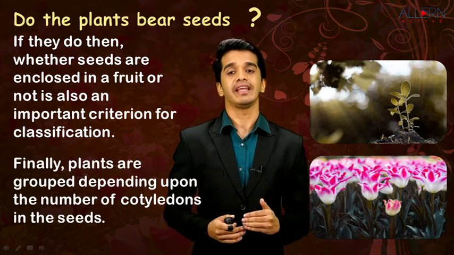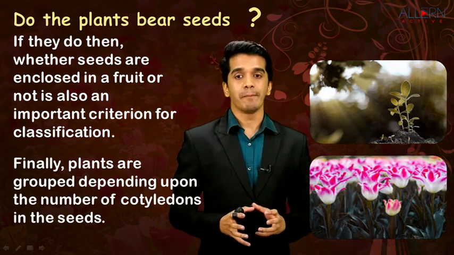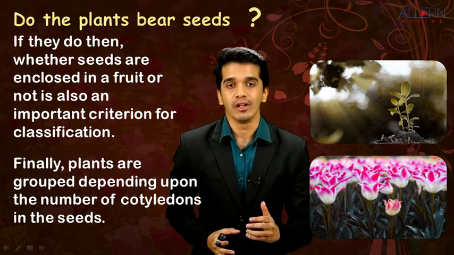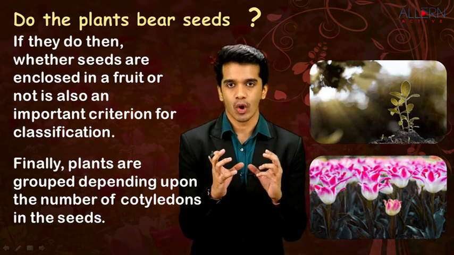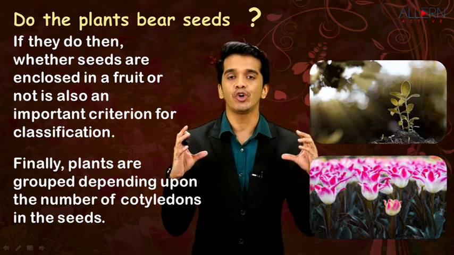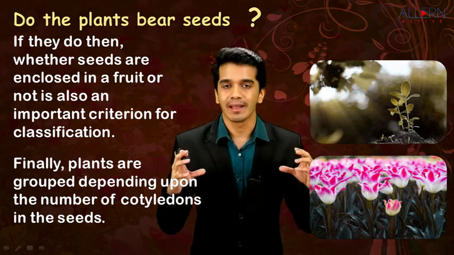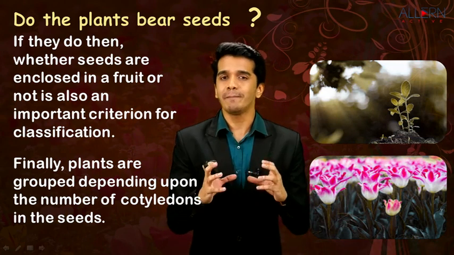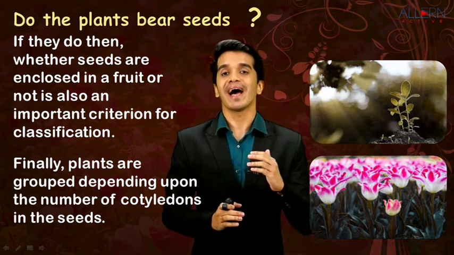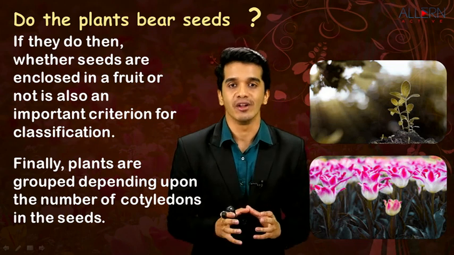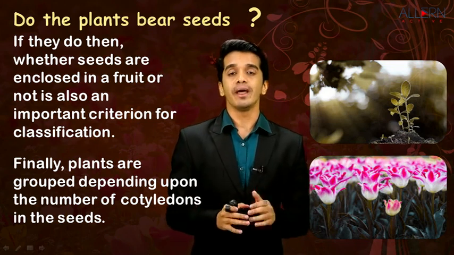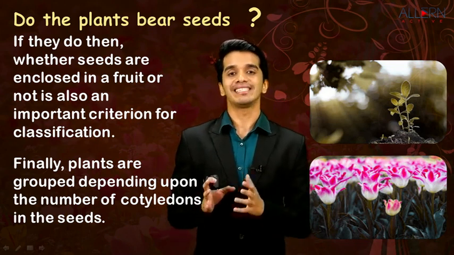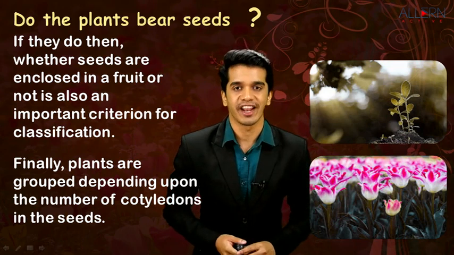The next criterion is the number of cotyledons. When I see the seed, if we can break it into two parts, that seed is called dicotyledon. If I cannot break the seed into two halves, that seed is called monocotyledon. So it depends on monocot and dicot. That's the final stage of classification criteria.